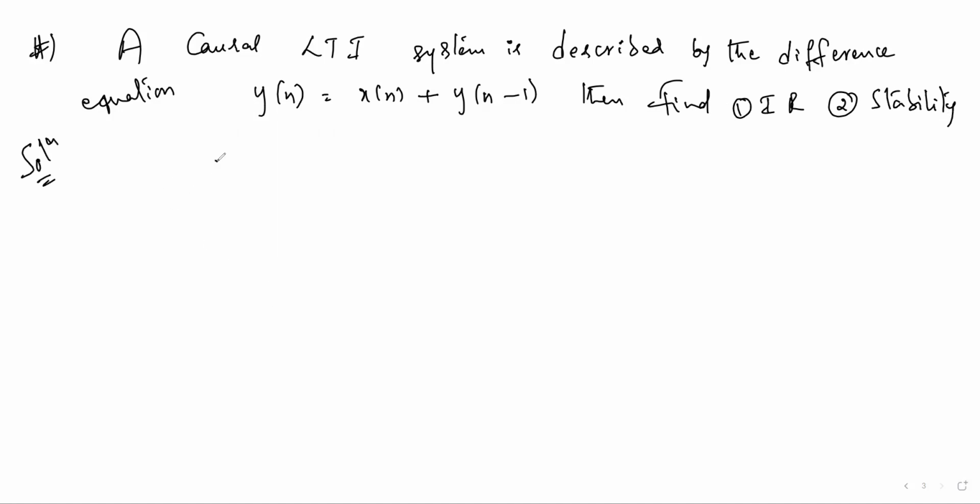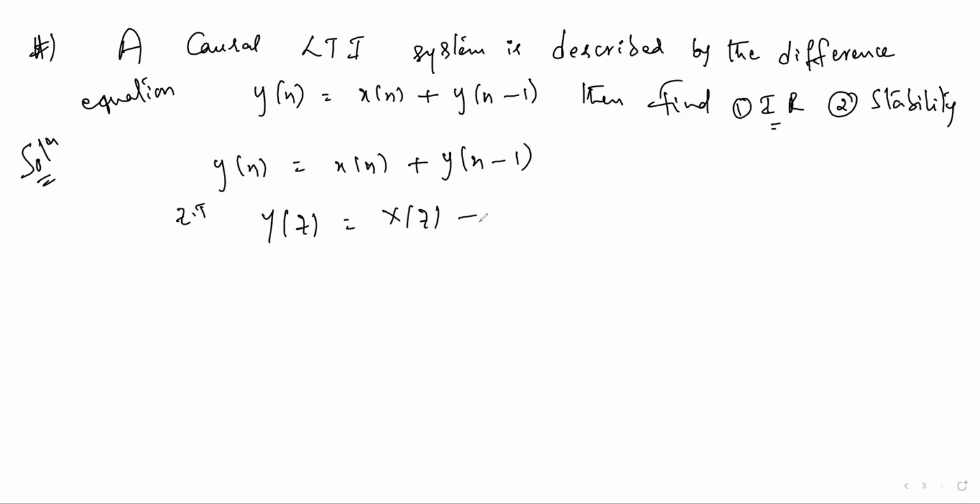Here the given equation is y of n is equal to x of n plus y of n minus 1. We need the impulse response. So the better method is always going to the z domain and coming back to the time domain. Apply z transform both sides. You get Y of z is equal to X of z plus z inverse Y of z. Let us take Y of z common.